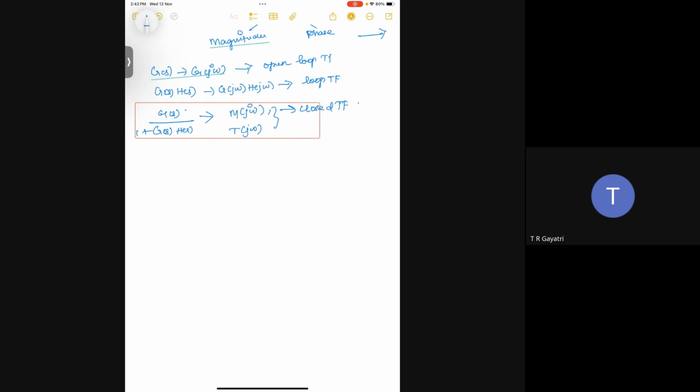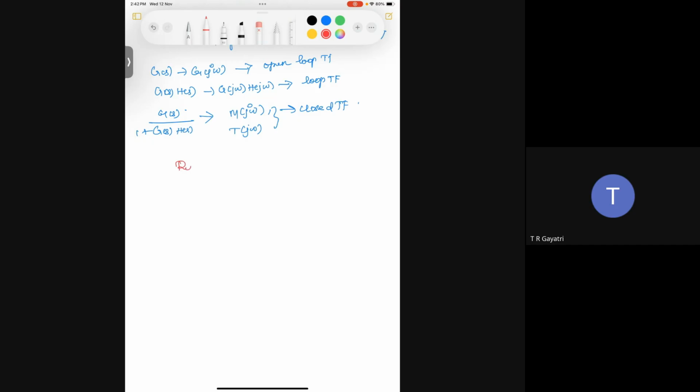We have seen some of the frequency response parameters, like what we saw yesterday: resonant peak, and we made a comparison between time domain and frequency domain. And we have resonant frequency. Resonant peak is similar to peak overshoot in the frequency domain, and resonant frequency is the frequency at which this resonant peak occurs.